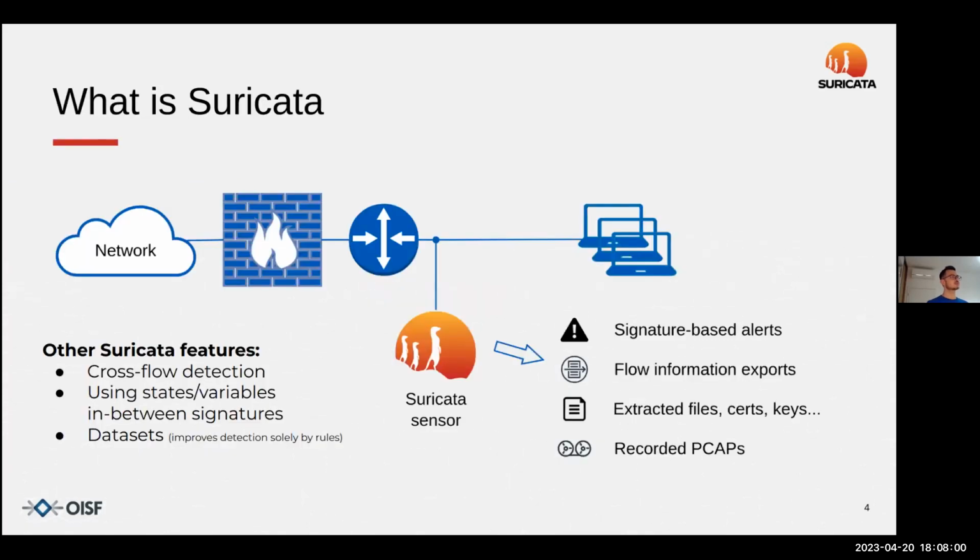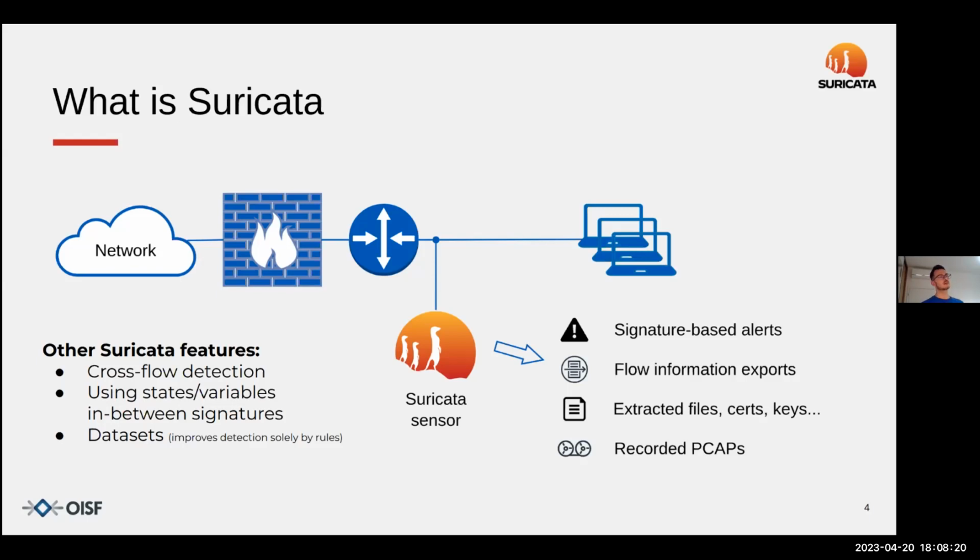All right, so Suricata is a sensor that goes over traffic. You've probably seen this image before. Suricata analyzes the traffic and produces alerts based on signatures.